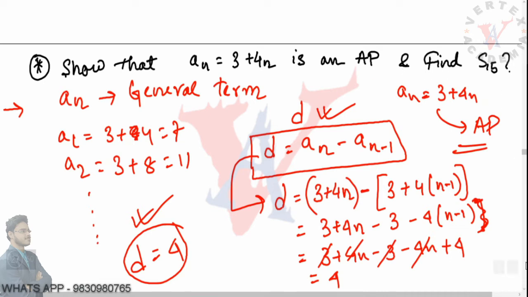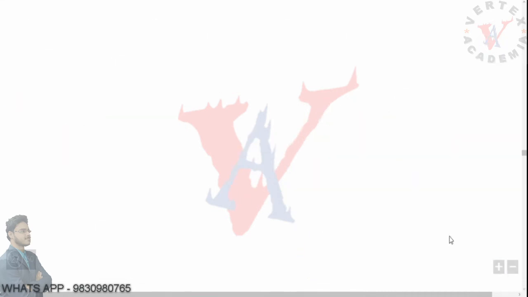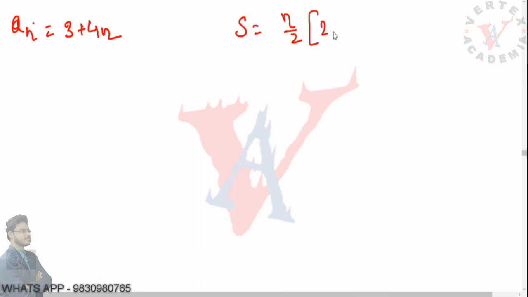To find the sum of the first 15 terms, we have the general term an, which was 3 plus 4n. For finding the sum, we need sum equals n by 2 into 2a plus n minus 1 into D, where n equals 15.